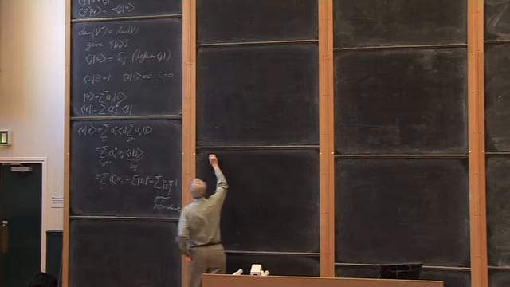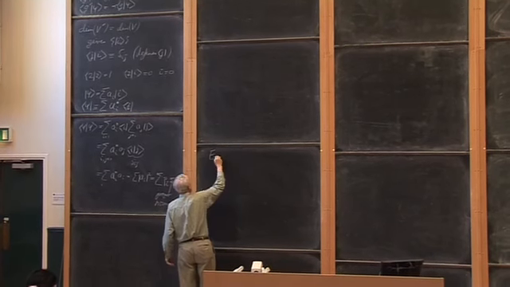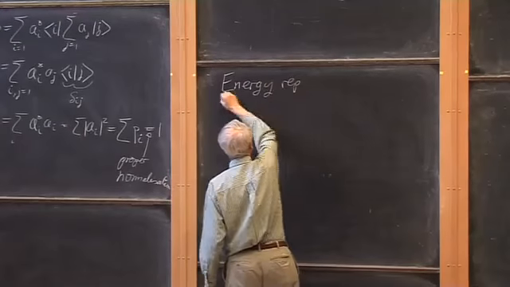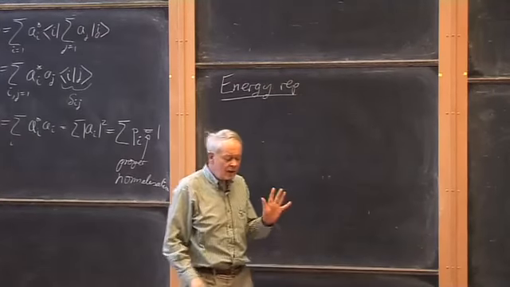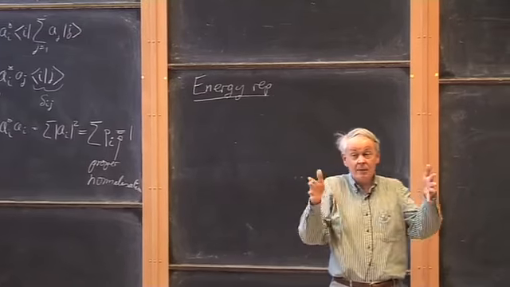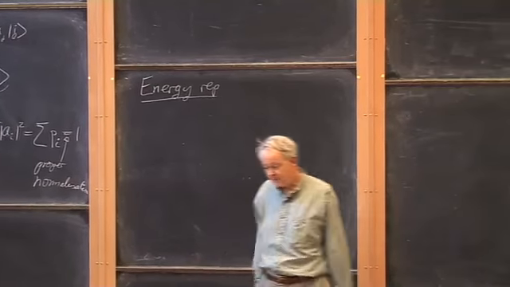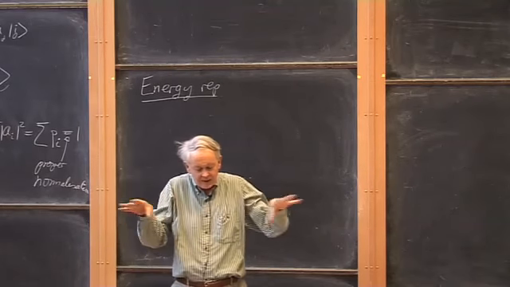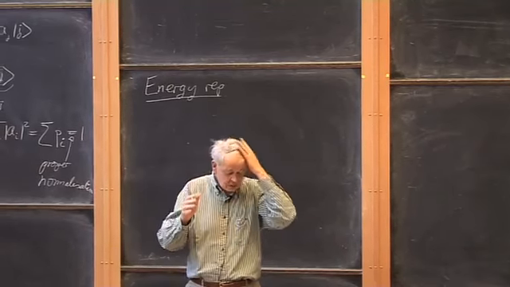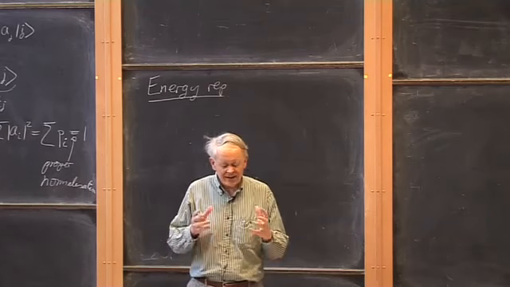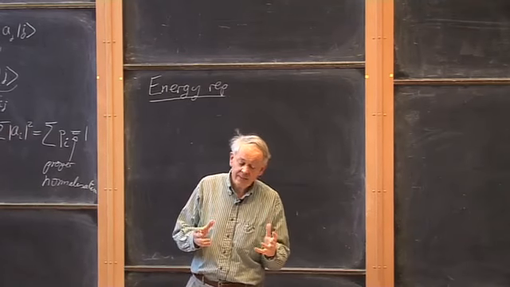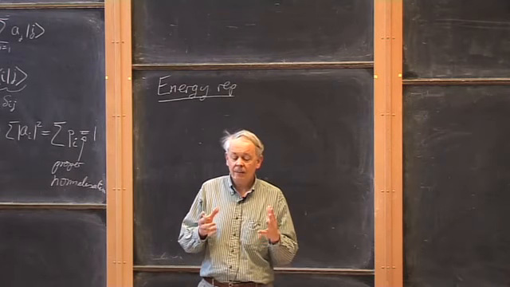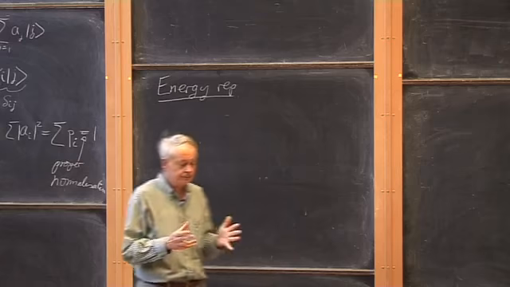Let's have a look at this, for a better understanding of what this physically means, by looking at the energy representation. So supposing in certain circumstances, for example, if you've got a particle that moves in one dimension, trapped in some well, then it is possible to characterize the dynamical state of this system simply by giving the amplitudes to measure the possible values of the energy.